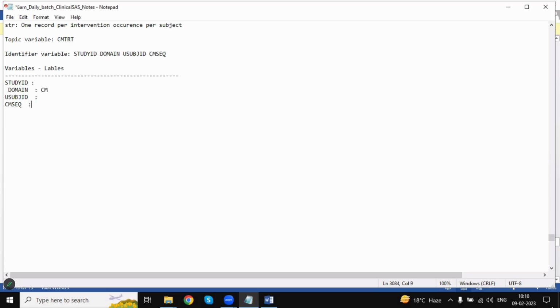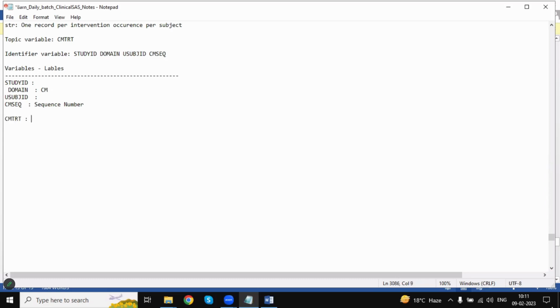Sequence number you have to derive. I already gave the standard derivation for sequence numbers, and you can use the same one. Okay. Next.